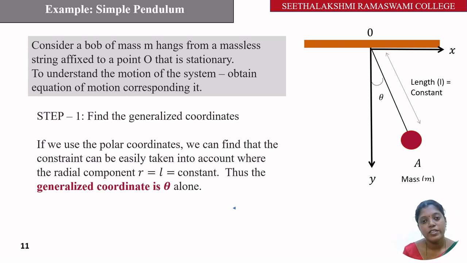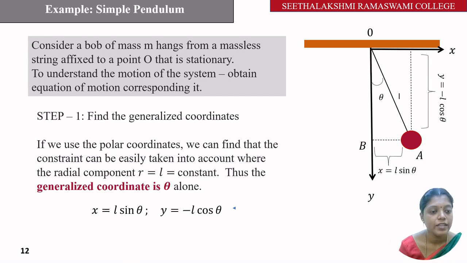As I have told earlier, to construct generalized coordinates, you have to choose an appropriate coordinate system. By choosing an appropriate coordinate system, the problem can be reduced very well. The same thing happens here. So rather than choosing Cartesian coordinates, if you choose polar coordinates, the problem is simplified. Here you have the generalized coordinate as only one, theta, and the constraint equation is very simple, where r is a constant.